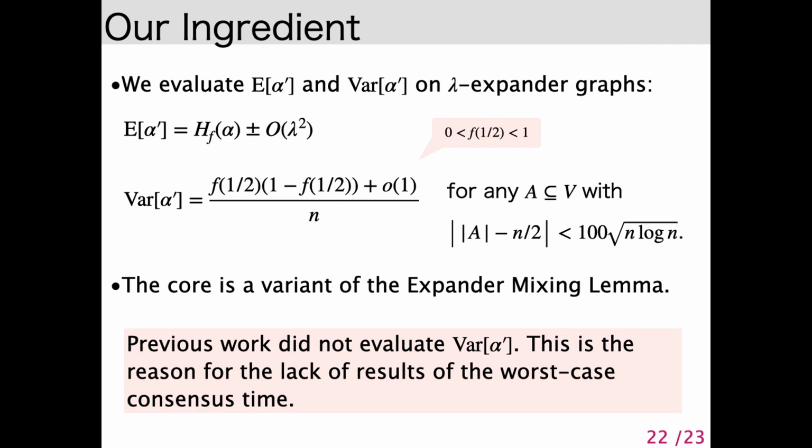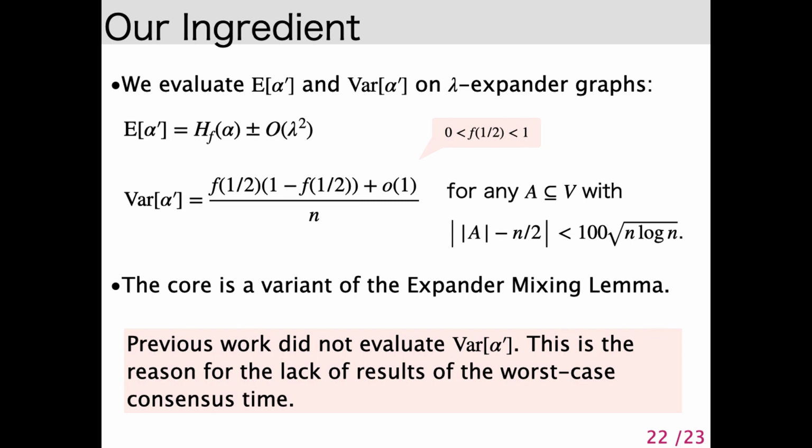In this work, we consider expander graphs, and our technical ingredient is to evaluate the expectation and variance of alpha prime on expander graphs. Roughly speaking, the expectation and variance of alpha prime on expander graphs are the same as those on complete graphs.